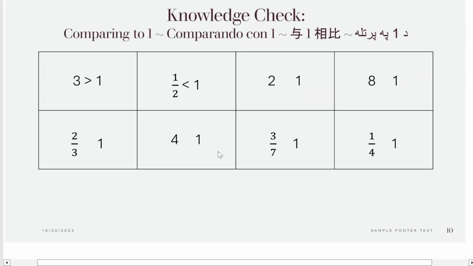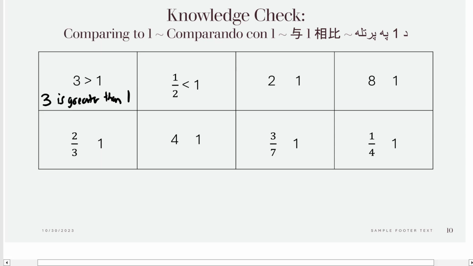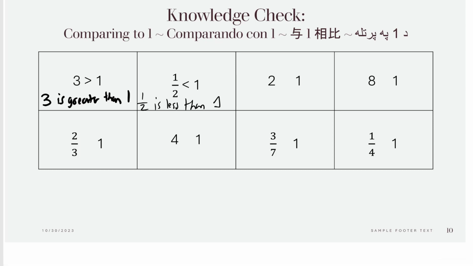Now we're going to do a knowledge check. We are comparing to the number 1. So, for example, 3 is greater than 1. The next one, 1/2, is less than 1.